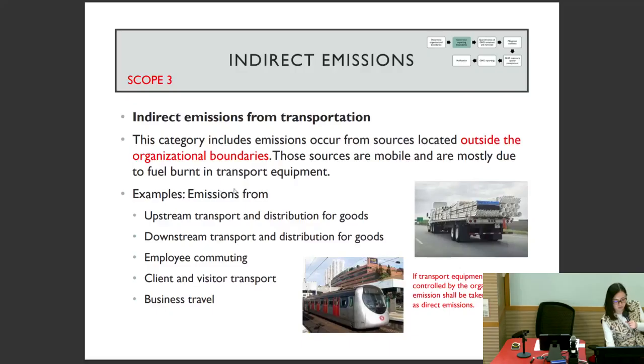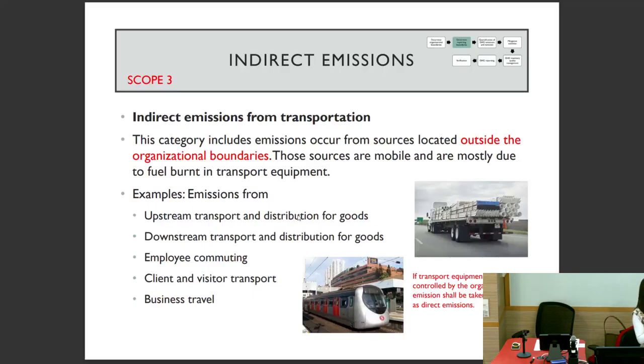Okay, example, emissions from upstream transportation and distribution of goods. So maybe I am a company for manufacturing water bottles. Okay, and in order to make these water bottles, I need some raw material. So these raw materials may be imported from other countries.